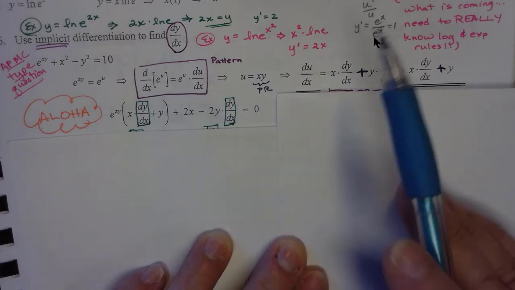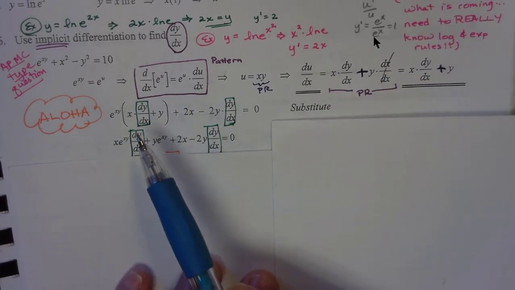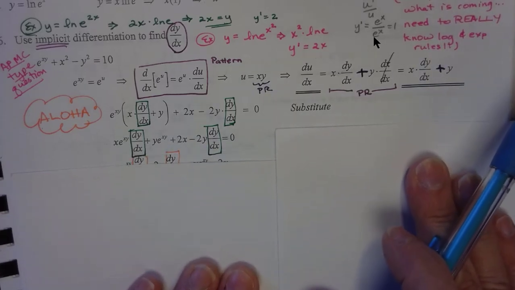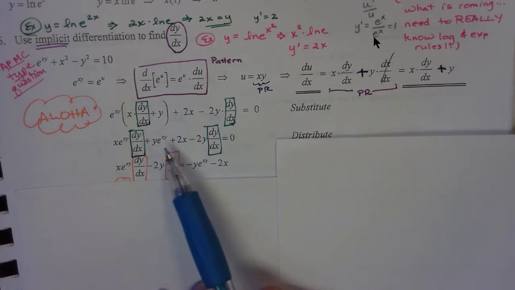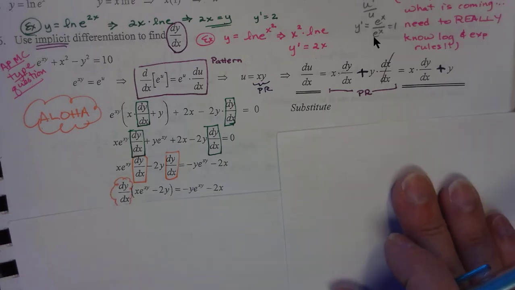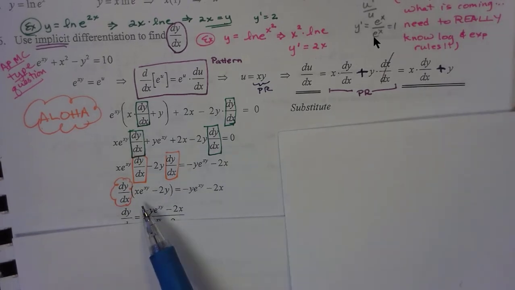The derivative of 10 is 0. Let's go ahead and distribute the e to the xy across these parentheses. We can see that we want to combine our dy dx terms, so we're going to move everything that does not have dy dx over to the other side of the equation, factor out dy dx, and divide by its factor.